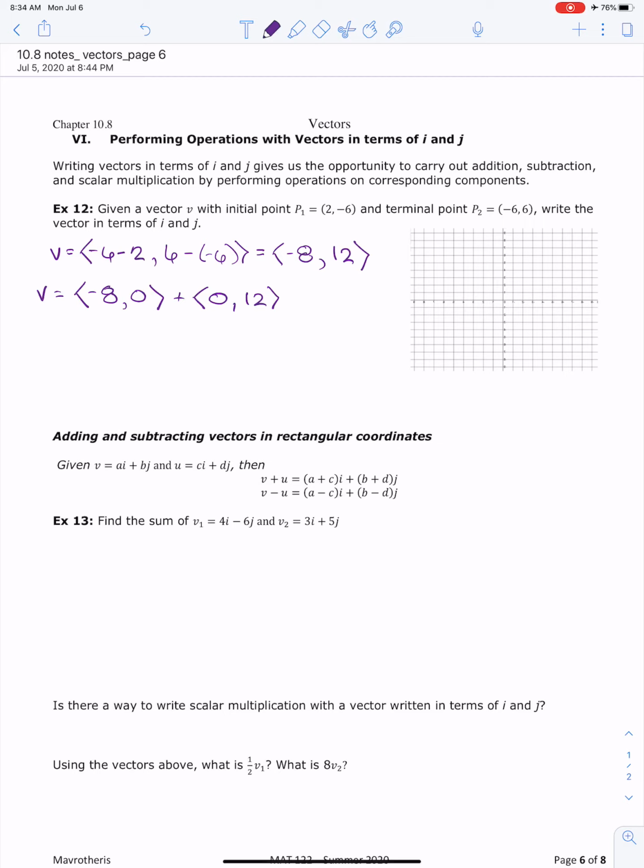And so I'm writing this in terms of its component pieces, which means that's -8 times the vector 1, 0, plus 12 times the vector 0, 1. The vector 1, 0 is i. The vector 0, 1 is j. And so there is our vector written in terms of i and j.